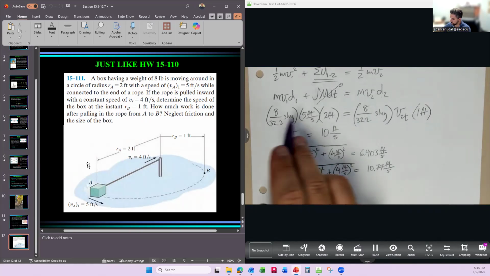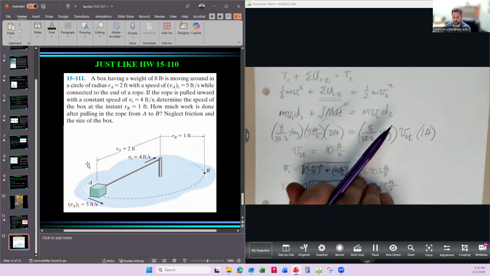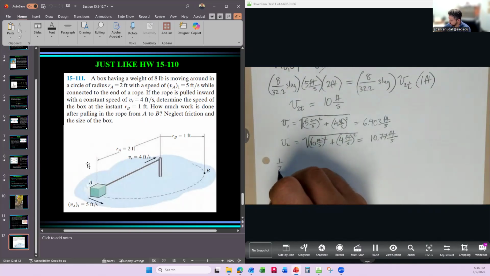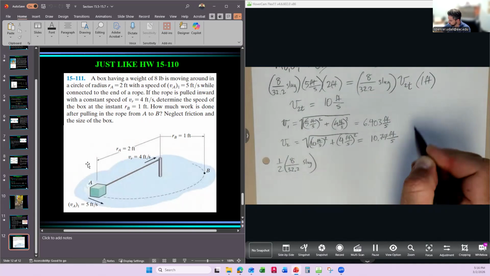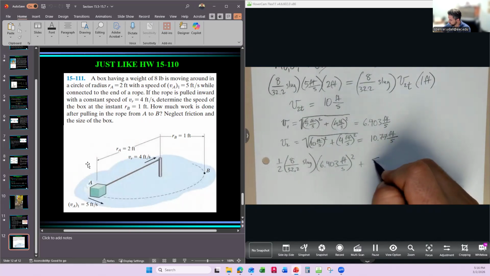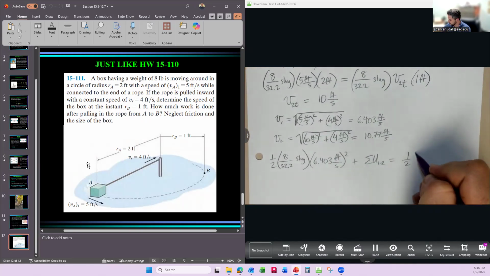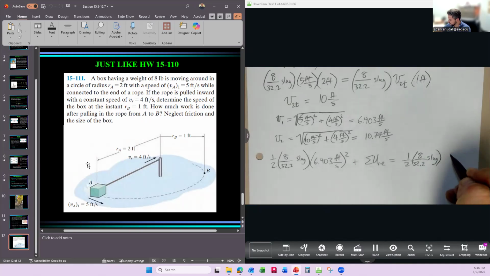And so with that, now we can come back and do our work and energy and solve for our work term. So 1/2 mass times V1 squared plus the work, which we're looking for, equals the final kinetic energy, 1/2 m times V2 squared.